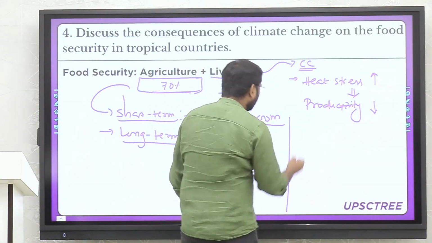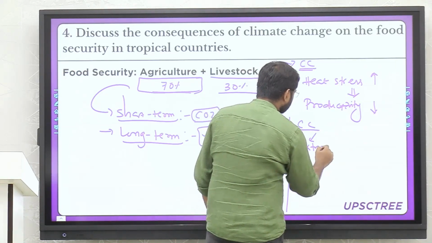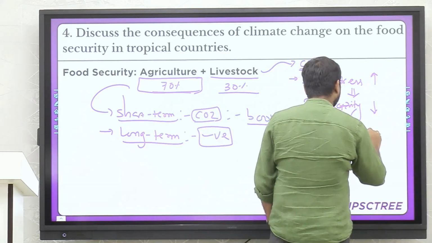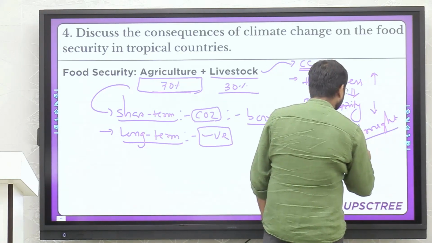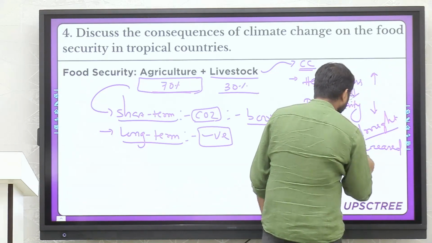Another factor you can talk over here is that climate change will bring extremity. Extremity meaning it will increase desertification.